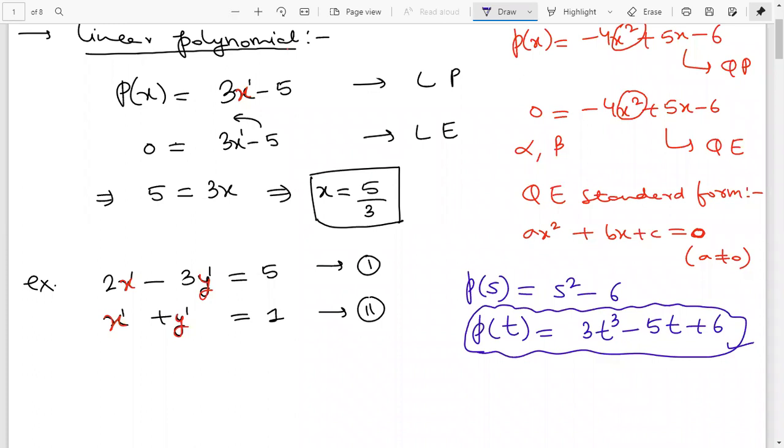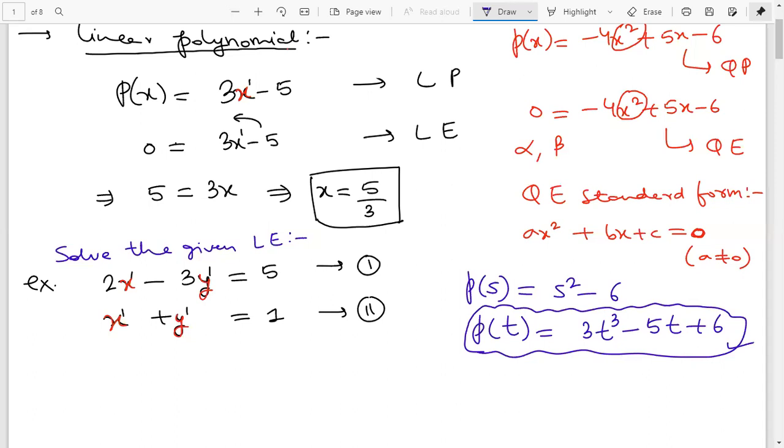Now here, normally in a question they ask: solve the given pair of linear equations in two variables. Pair because they are two equations, linear because the power of x and y is 1, and two variables x and y.